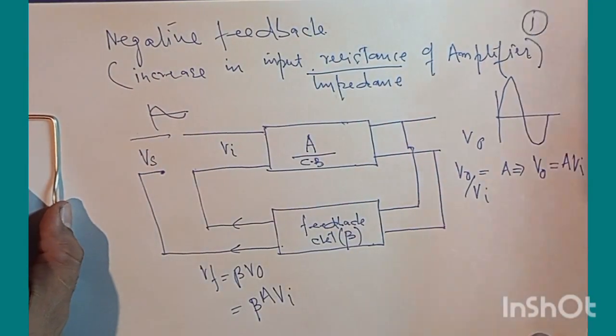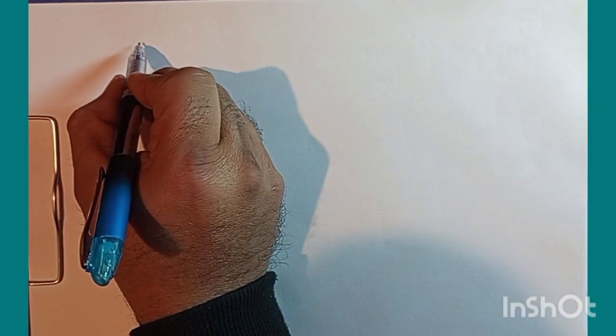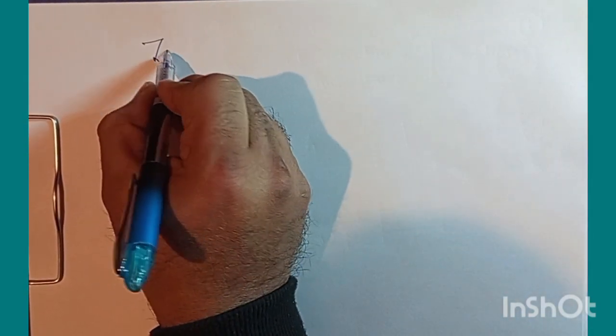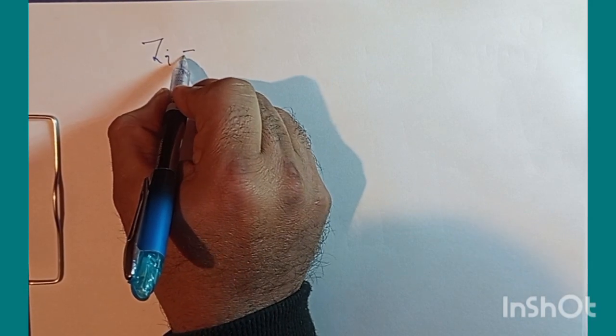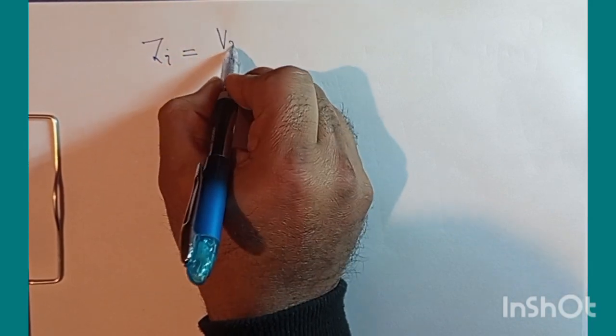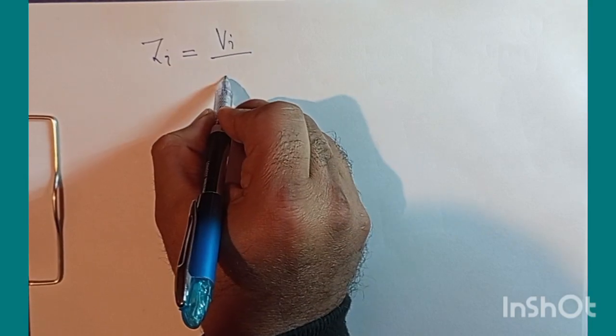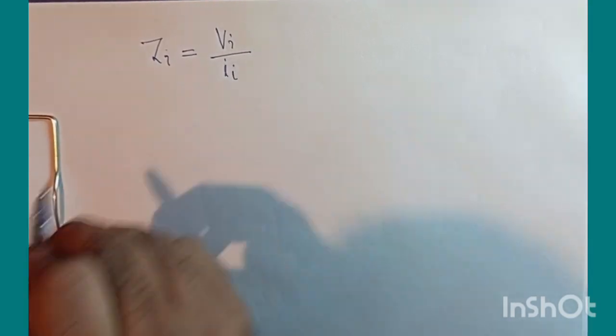I'll go with defining the input impedance, and for that, let us suppose that Zi is the input impedance, and this Zi is the ratio between voltage and current.